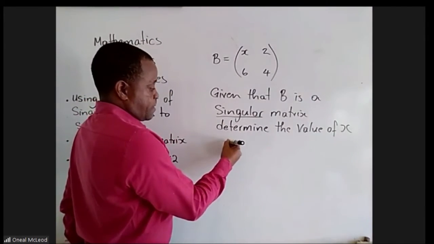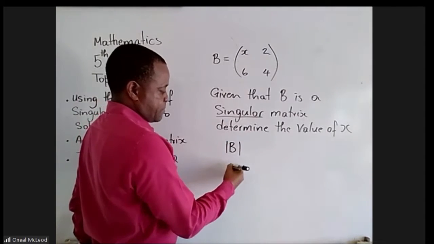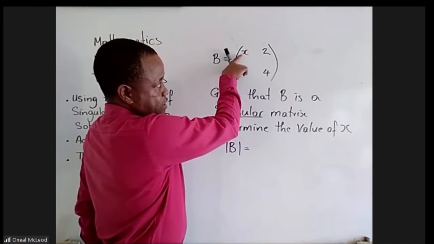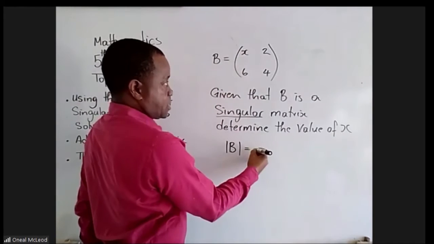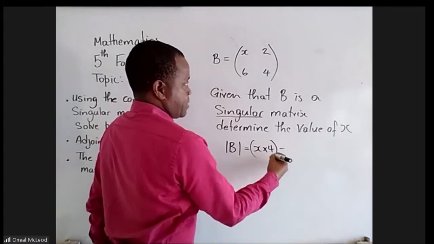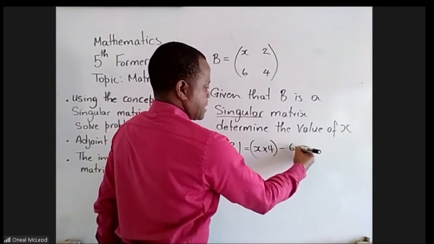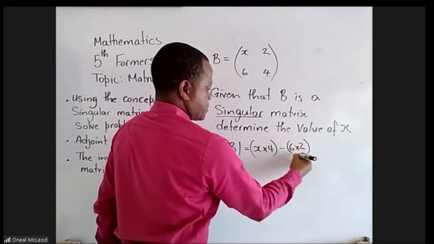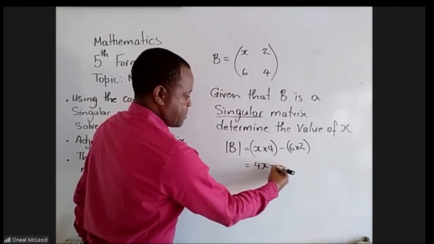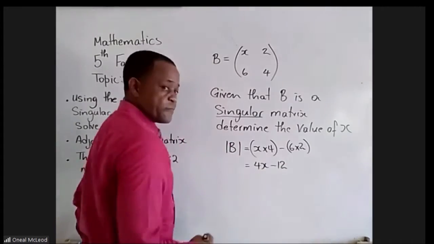So the determinant of B is equal to the product of the leading, so it is going to be X times 4 minus 6 times 2. Here I'm going to get 4x minus 12.